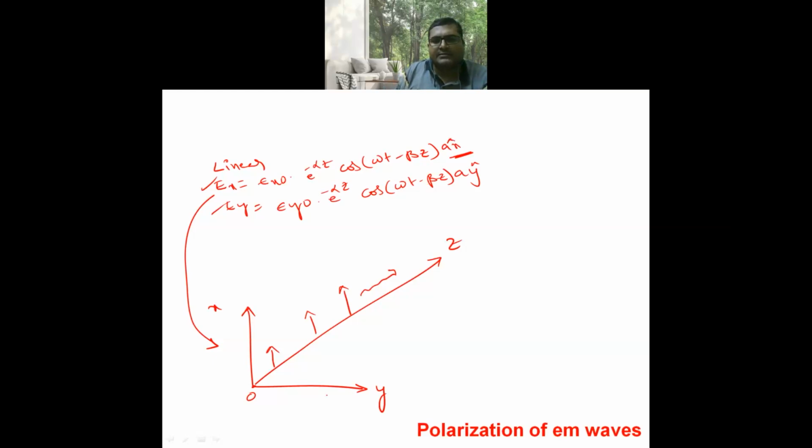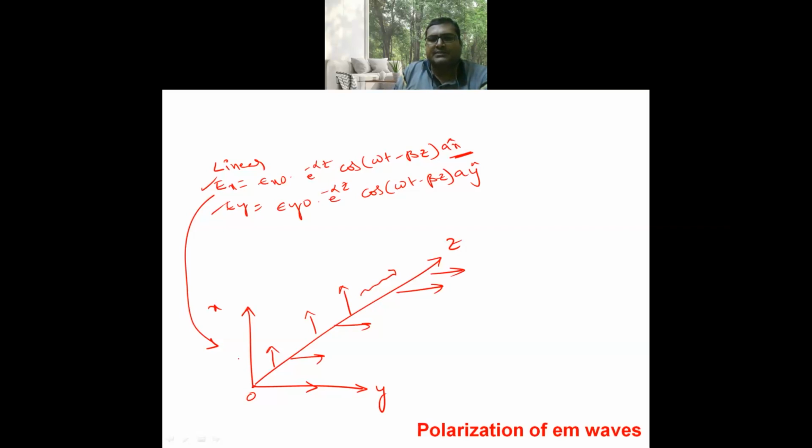If it is Y polarized, then it can be represented as a Y polarized wave traveling along the Z direction.